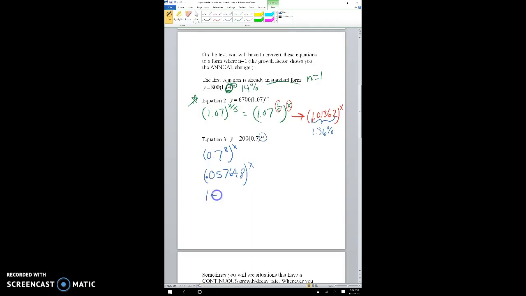So I actually lost 94.24%. So losing 30% of your quantity 8 times per year means that at the end of the year, you will lose in total 94.24% of what you started with.